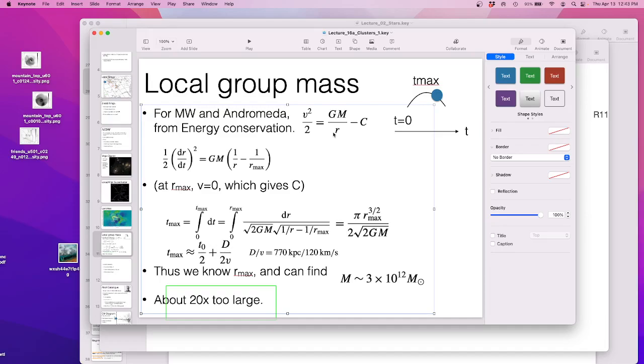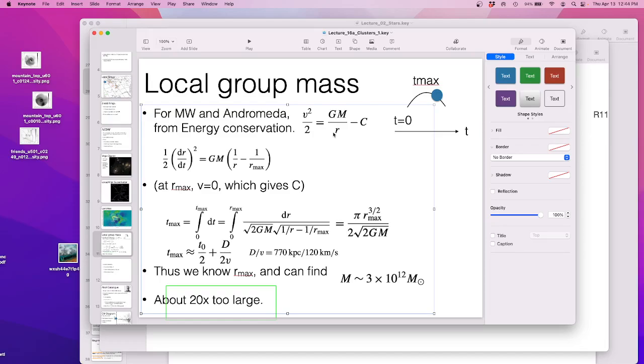Now I also know that t max is equal to half the distance, so 2 t max equals the Hubble constant plus b over v, which I measure. So we'll get this 2 over here. And I can assign these two things to be equal to each other. And then do a little bit of algebra.